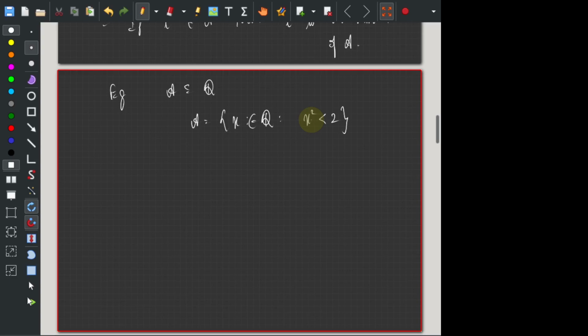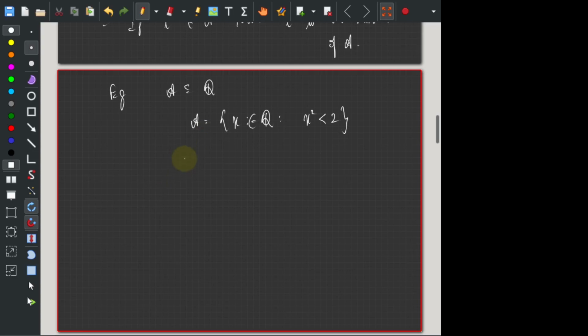Right? If I viewed these as a subset of, let's say, real numbers, then what does this have? A supremum? Yeah, it is root 2, correct?